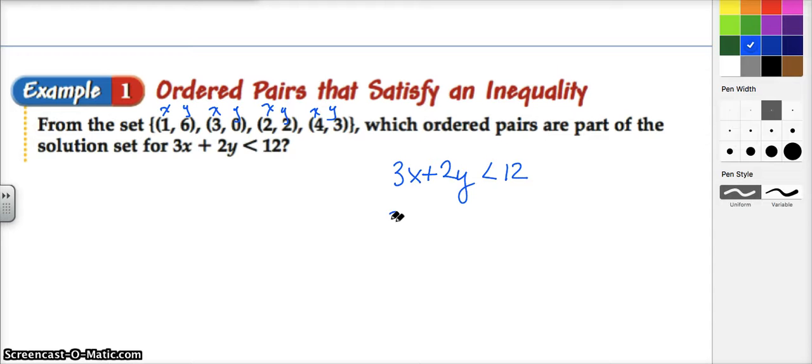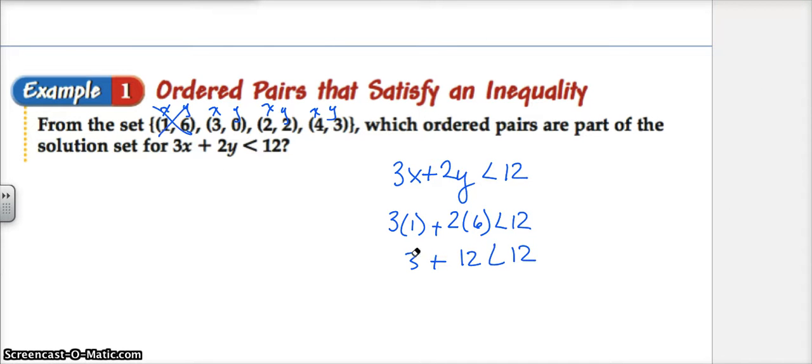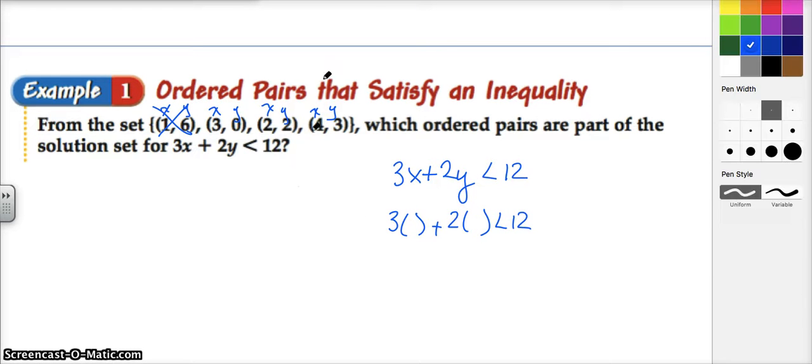So 3 times 1 plus 2 times 6. Is that less than 12? 3 plus 12 is not less than 12. So this one doesn't satisfy the inequality. For the sake of space, I'm going to delete the ones that don't work and plug in some other ones.